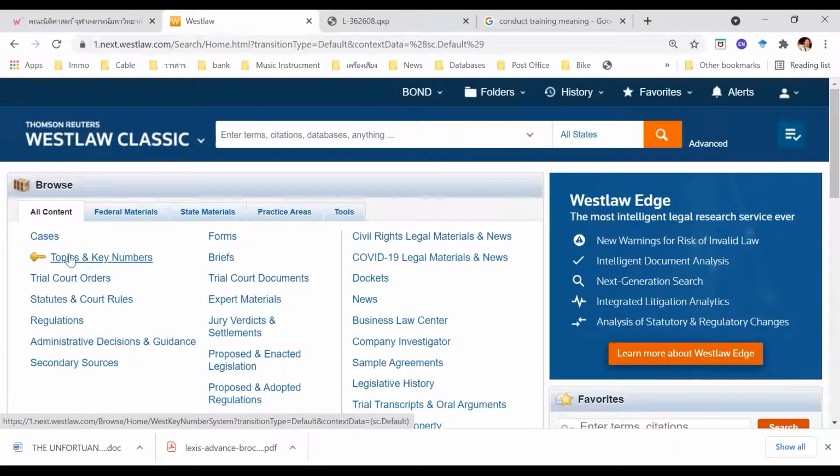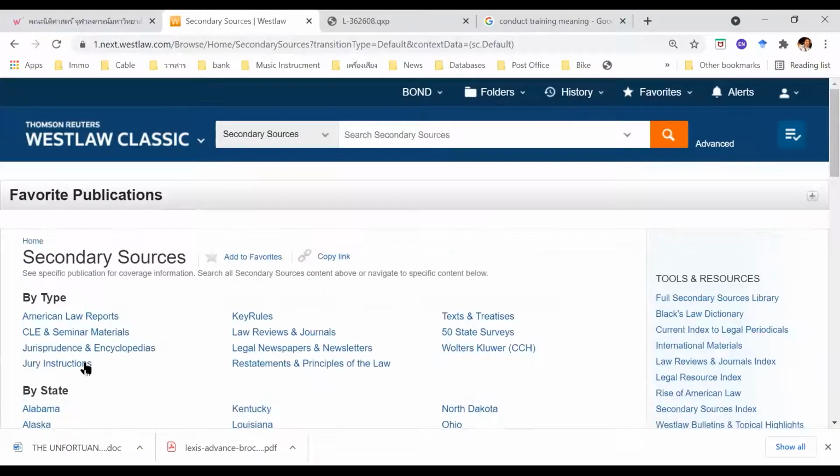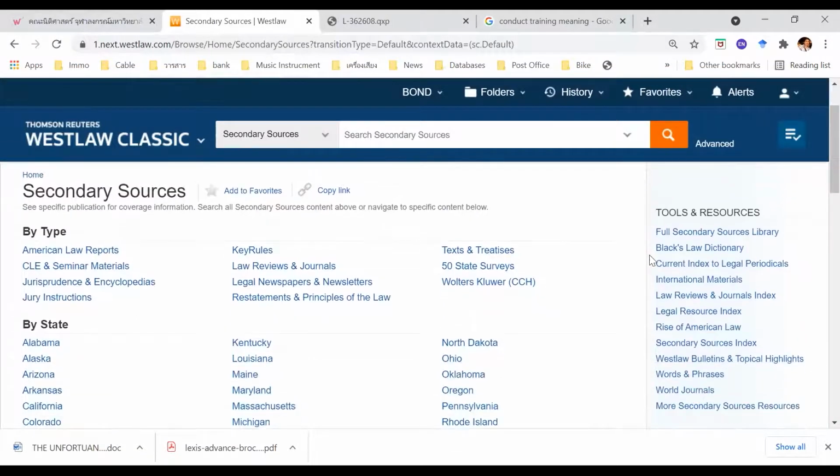Just follow me and I will show you the dictionary. We click on secondary sources. Go to secondary sources, and look at that, Black's Law Dictionary. Just go to Black's Law Dictionary.